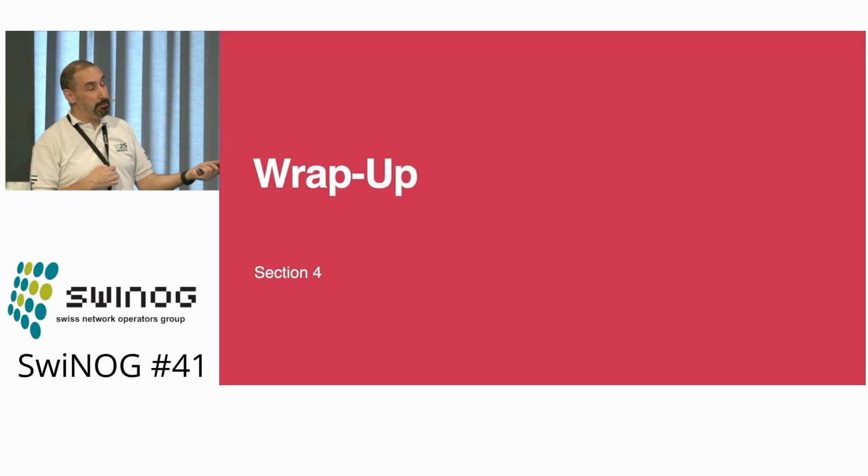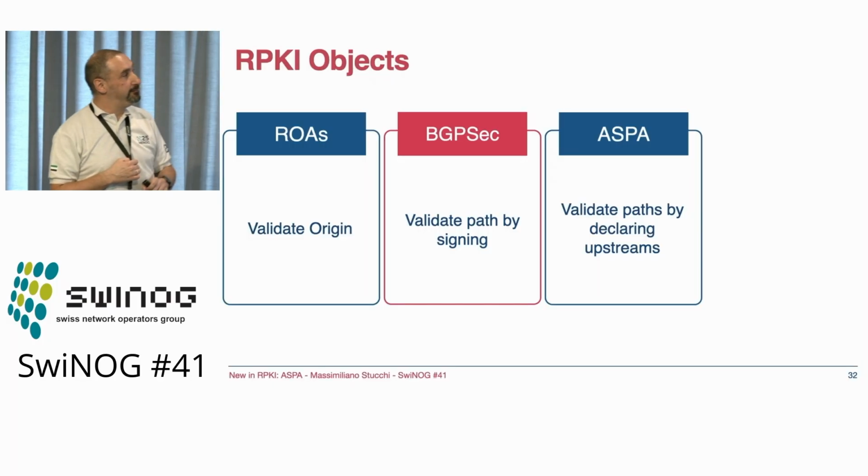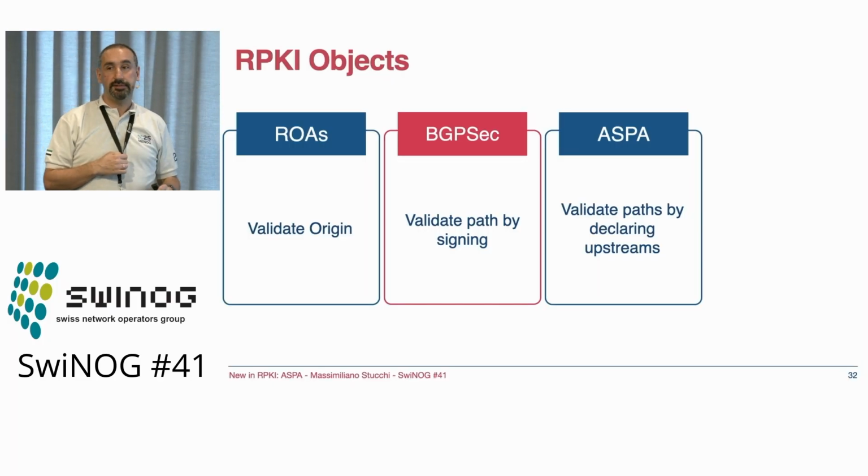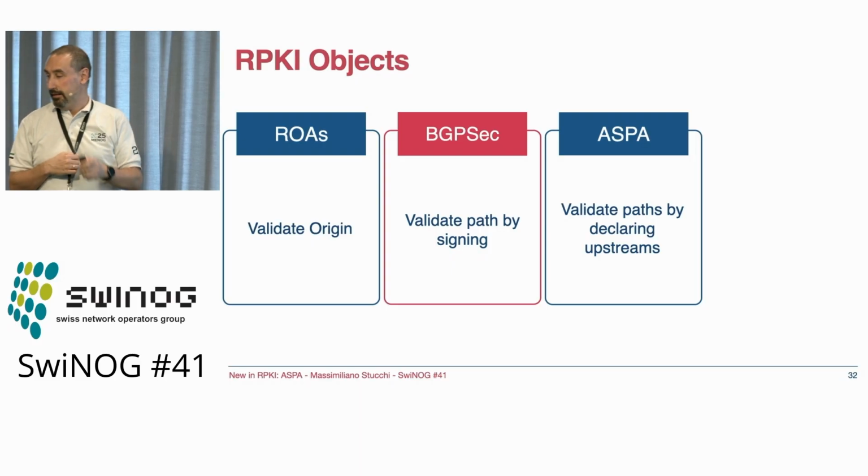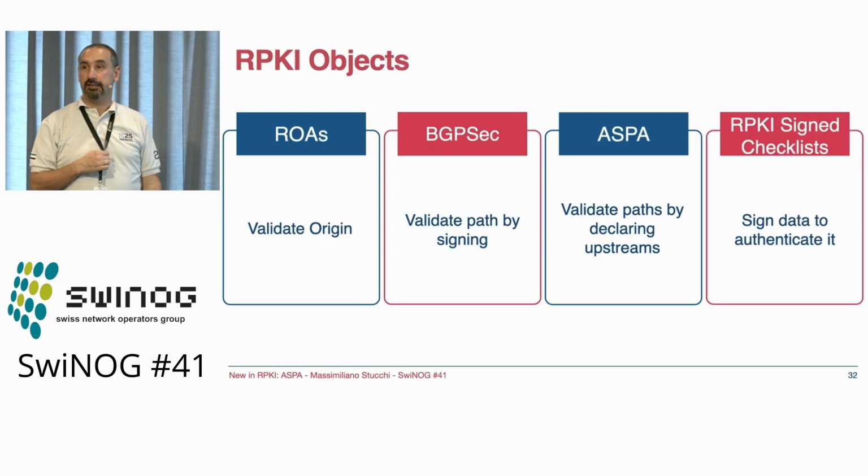Okay, so wrapping up. We have these three objects, and actually we have a fourth one that's already there. That's the RPKI signed checklists that also add information to RPKI.